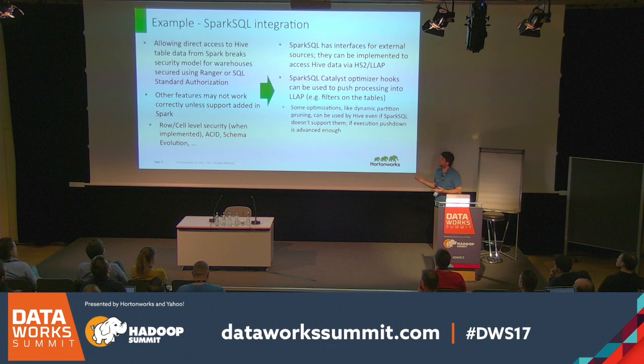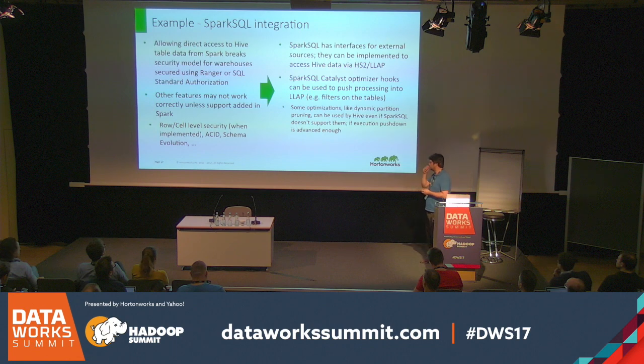We've done that with Spark SQL. If you want to run Spark SQL, you can run it with LLAP. The advantage is that you can also run Spark SQL just against files and against the Hive metastore. But there's a difference, because if you run it against files, you do not get that row level, column level security. You have problems with ACID and stuff like that. If you let Spark use those files directly, then Spark has to understand how to stitch together delta files for transactions.